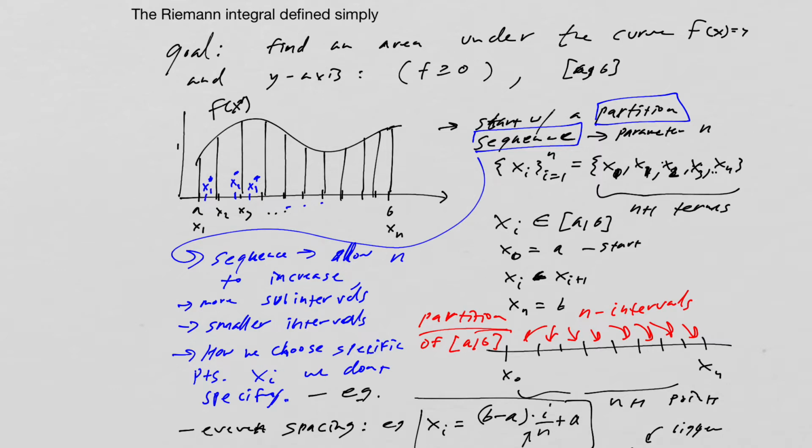The idea is that we take that point, move it up, and find the value f at that point. So I'll call that f of x1 star right there. If I take that to be the height, then the area can be defined thusly.